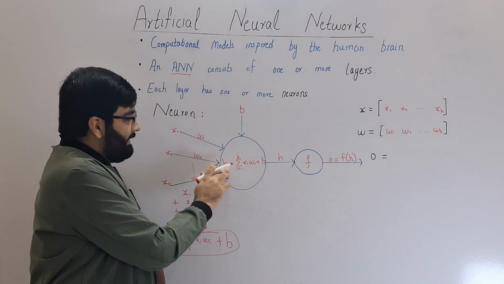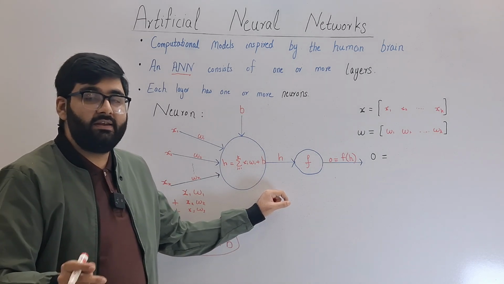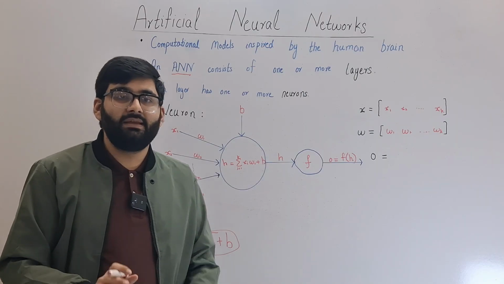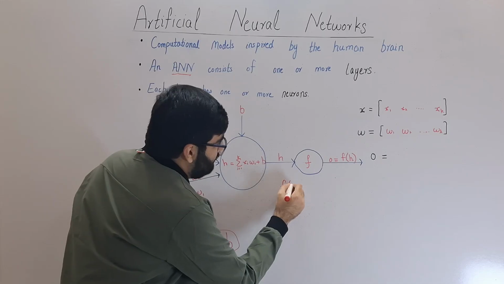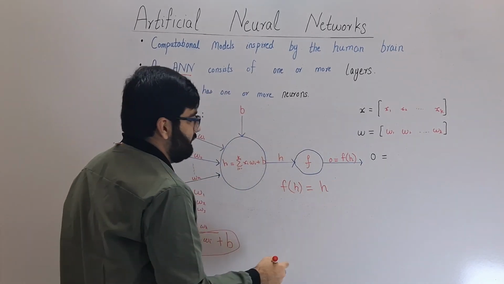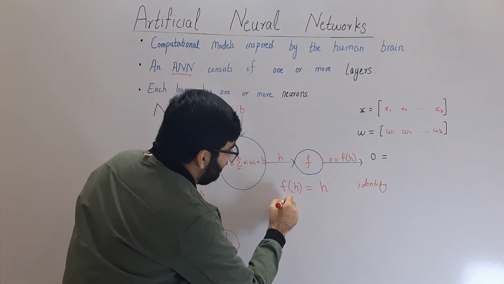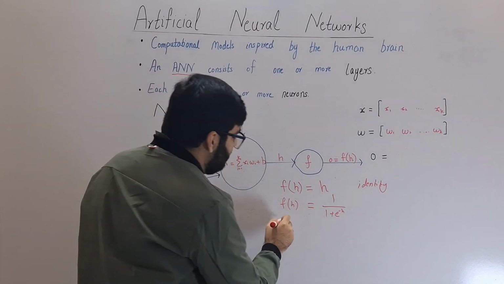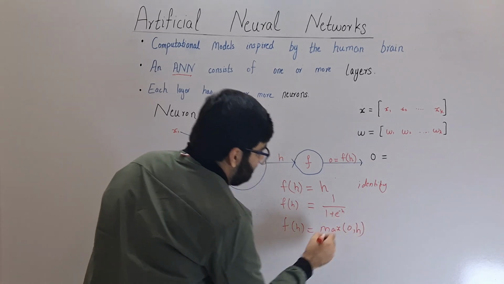Once the neuron calculates h, it passes h as an input to an activation function. The activation function can be a simple identity function that takes h as input, or it can be the sigmoid function, or it can be the ReLU function, the max of 0 or h.